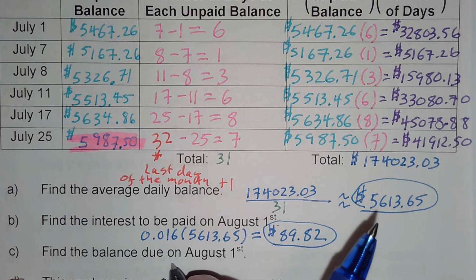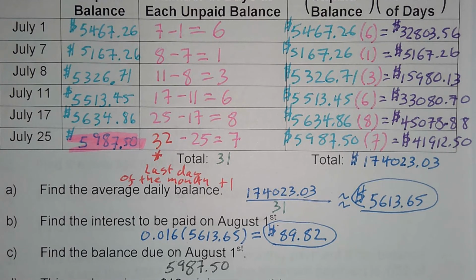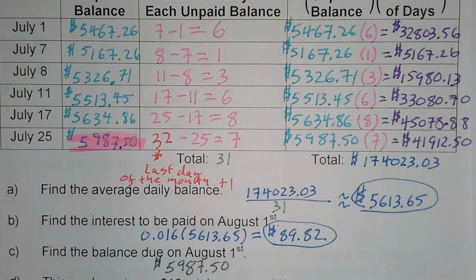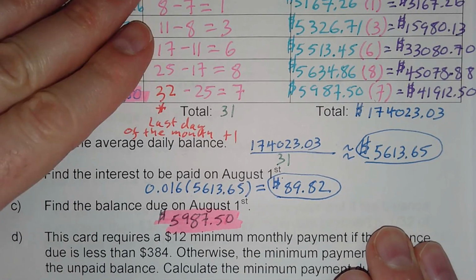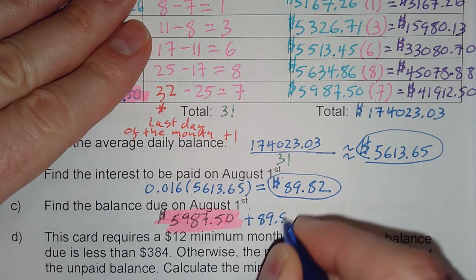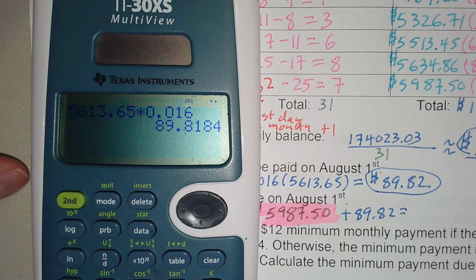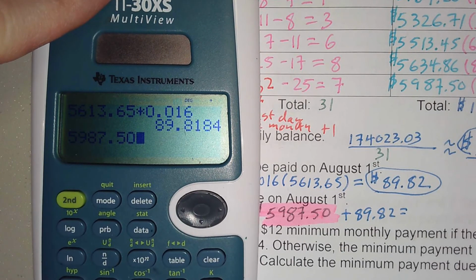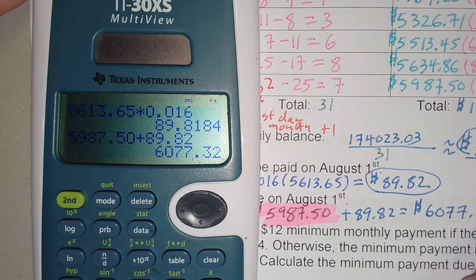So the balance due would be that $5,987.50, and then we would add the interest. That will give us $6,077.32.